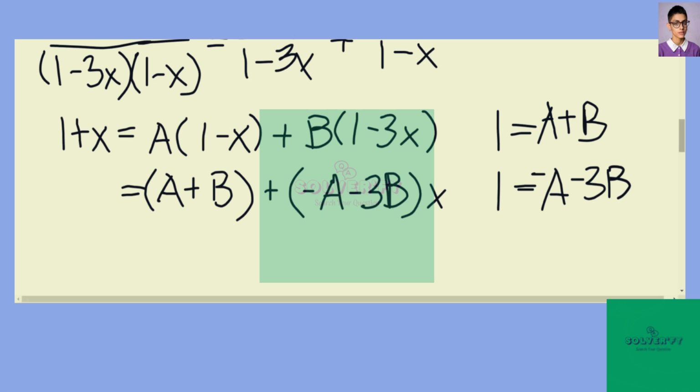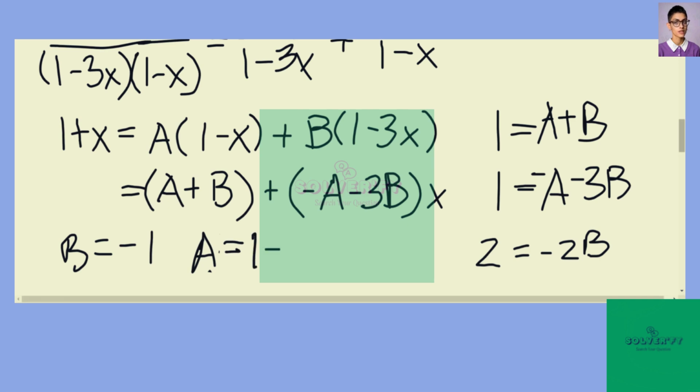Adding these two equations together, we get 2 is equal to negative 2B, so that B is equal to negative 1, and by back substitution, A is equal to 1 minus B, which is 1 minus negative 1, or 2.